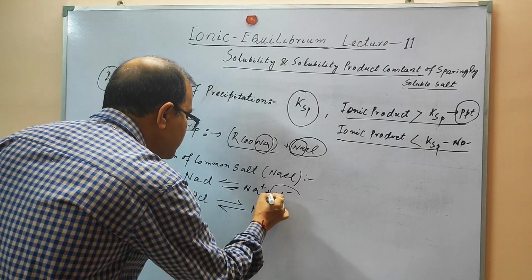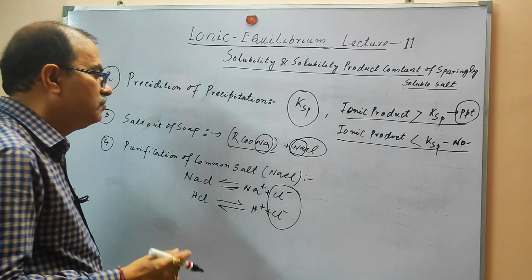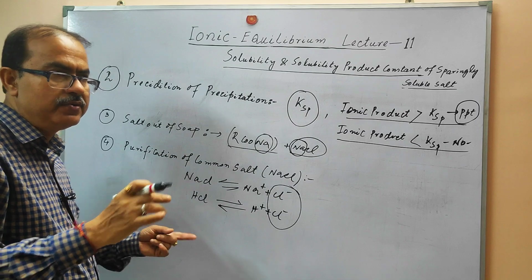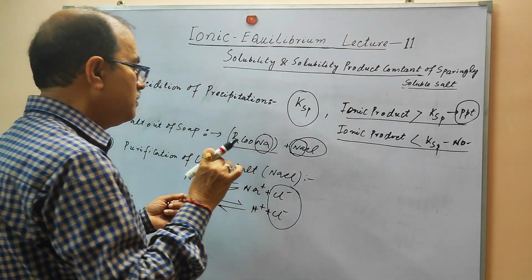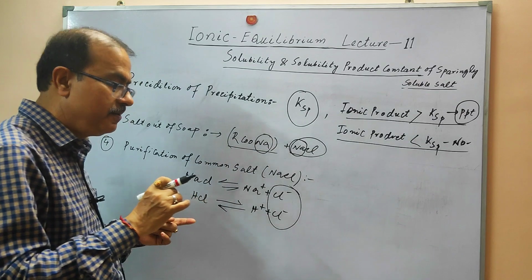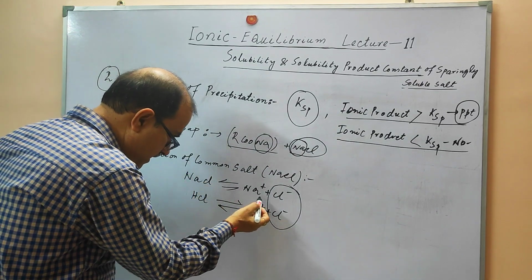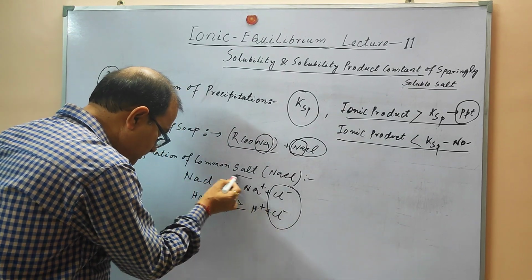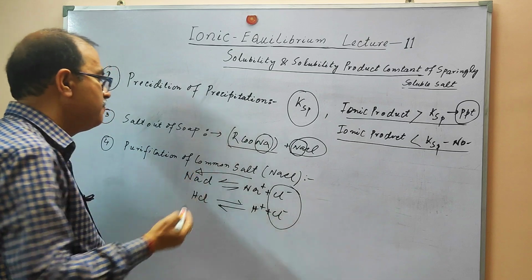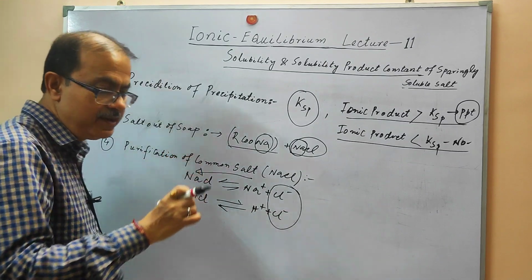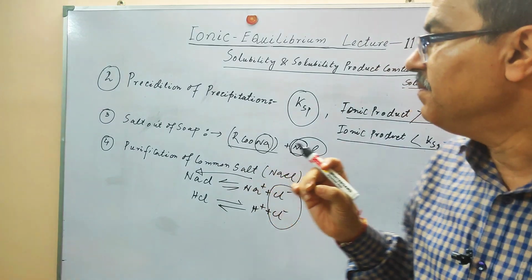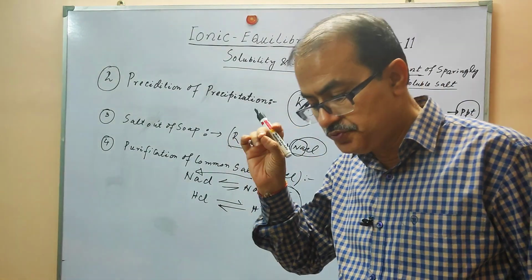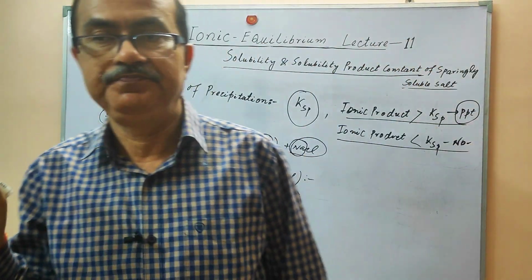And this Cl- ion is a common ion. Due to the presence of the common ion at higher concentration, by Le Chatelier's principle, we can understand that the reverse reaction will go on. So there will be crystallization of NaCl, and at that time we will get the most purified common salt.